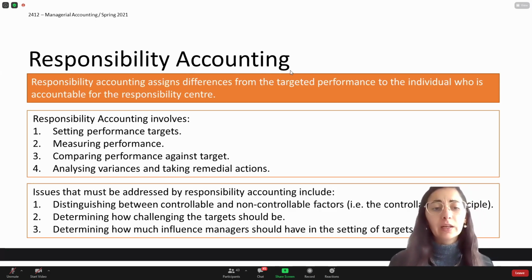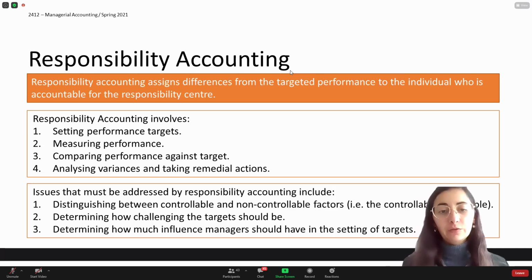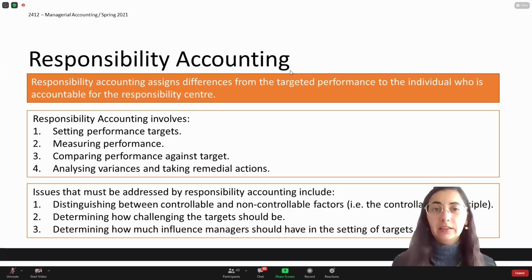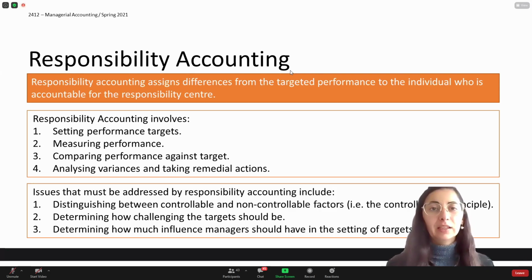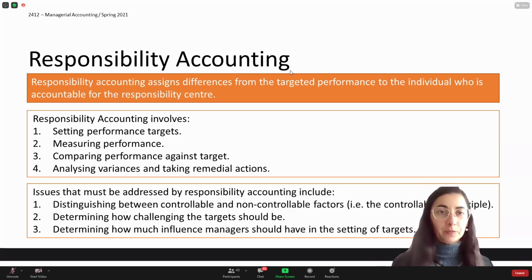And then also think about how much influence the managers should have in setting these targets. Are the managers themselves the ones who set the expected targets, or is someone else, like the CEO, setting the targets for each manager? How much influence do managers have in doing this?